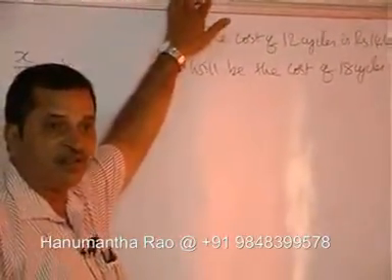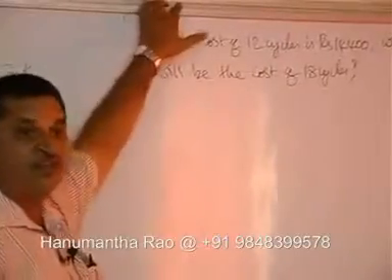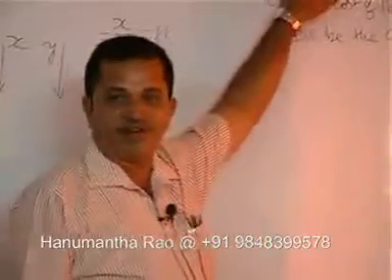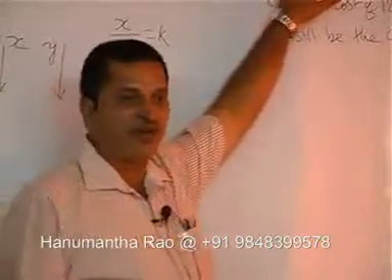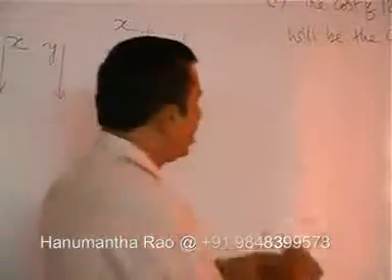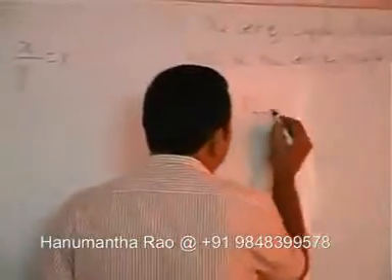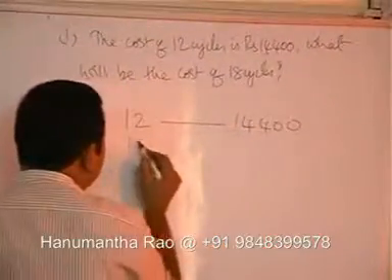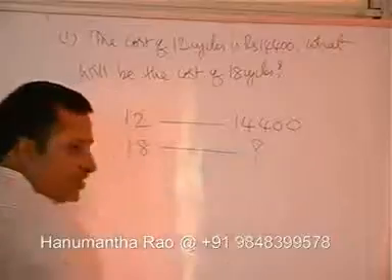Therefore, the cost of one cycle, what we call the unitary method. As we grow, we get an idea: 12 cycles cost 14,400, so 18 cycles will cost more, is it not?